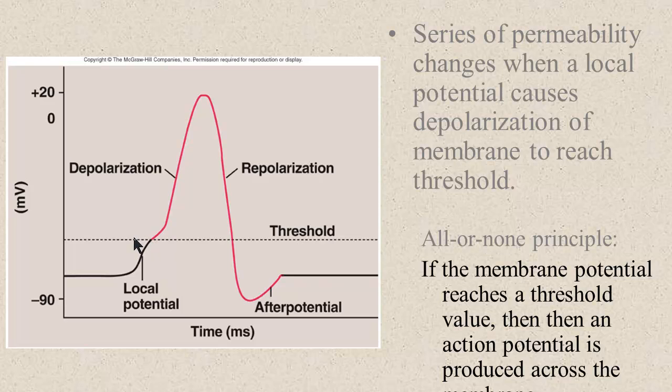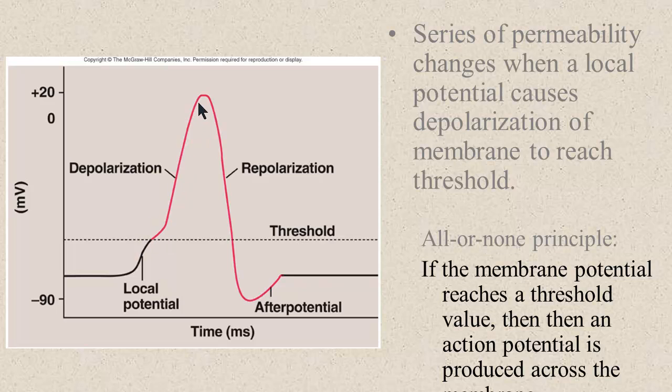So we have to have enough positive ion flow into that cell through some stimulus to reach threshold to trigger these voltage-gated sodium channels to open at the axon hillock. So again, these local or graded potentials are occurring out on the cell body and dendrites through special channels that are stimulated to open. Once they reach threshold, once we let enough sodium in, it'll trigger the voltage-gated channels to open, and this is the depolarization we see on the action potential graph.